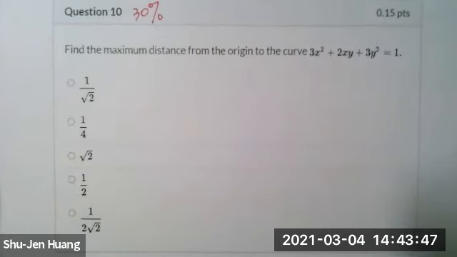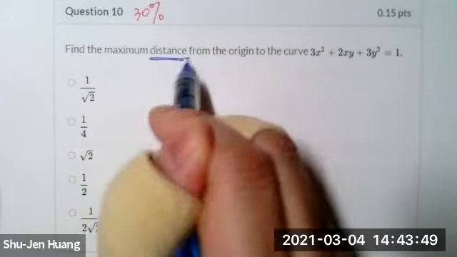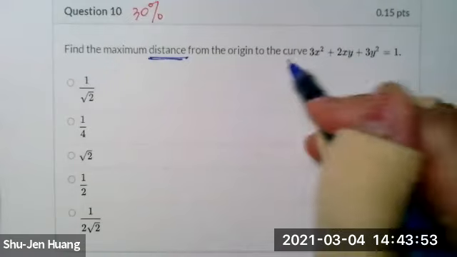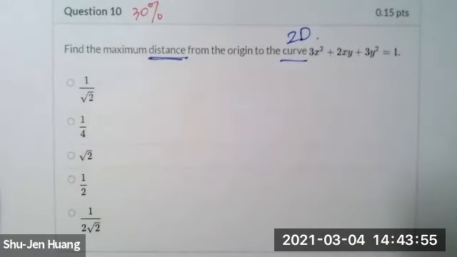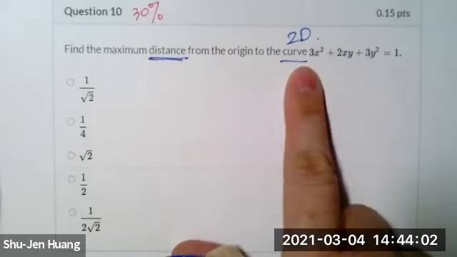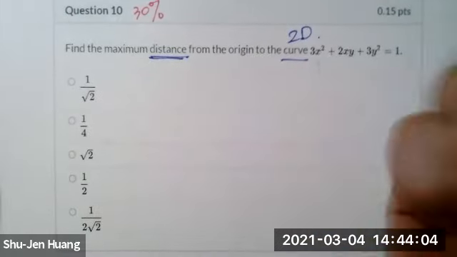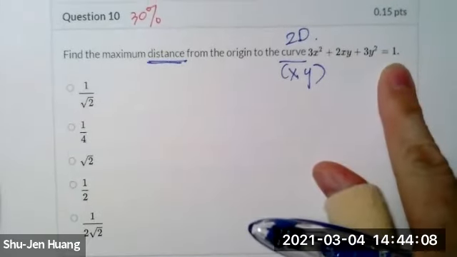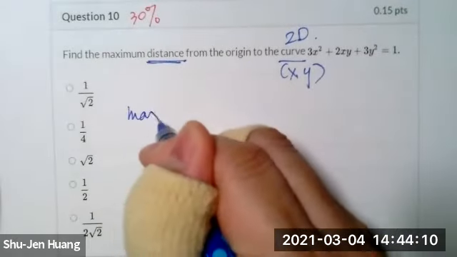We want to find the maximum distance from the origin to the curve. Since it's a curve, that means this is in 2D here. If it's a surface, then it's in 3D. So from the origin to the curve, let's say (x, y) is on the curve here, and we want to maximize the distance.